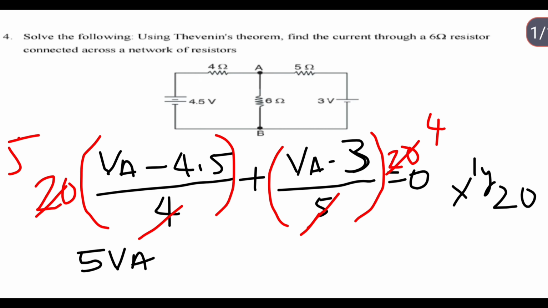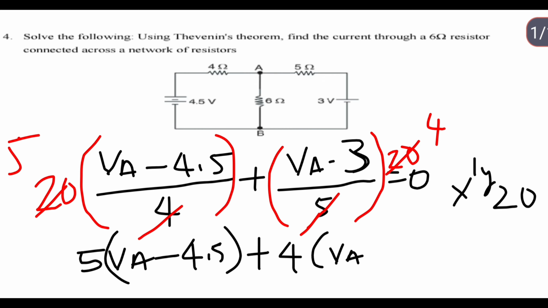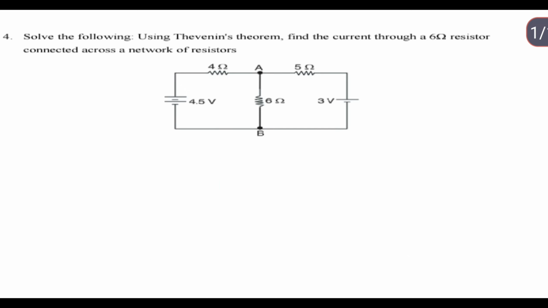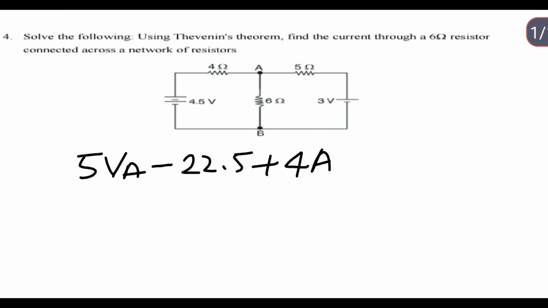5 times (VA minus 4.5) plus 4 times (VA minus 3) equals 0. If you multiply anything by 0, it will be 0. Modifying this equation: 5VA minus 22.5 plus 4VA minus 12 is equal to 0.